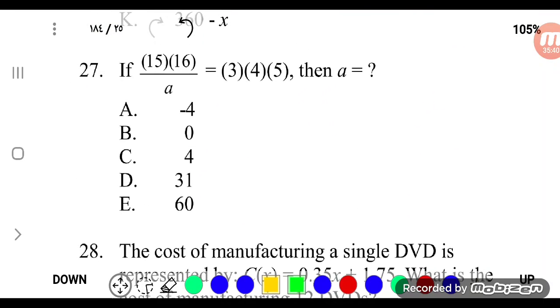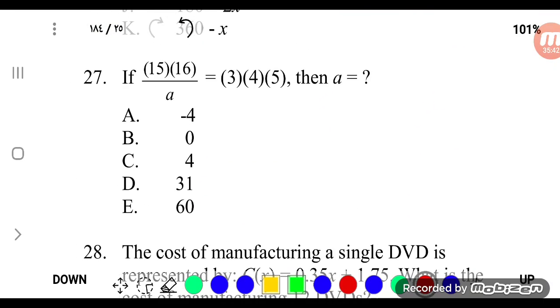Question number 27. Here you are given 15 times 16 over A equals 3 times 4 times 5. What is A? You can cancel 16 and 4 and 15 and 3.